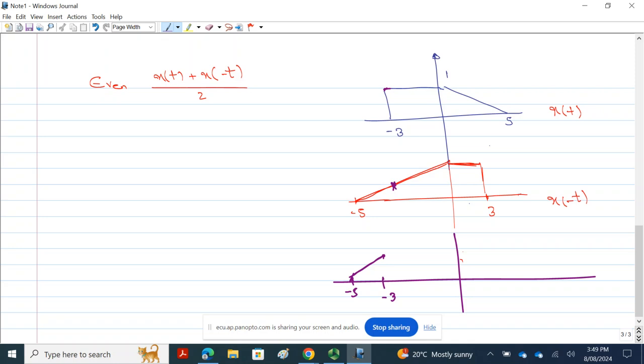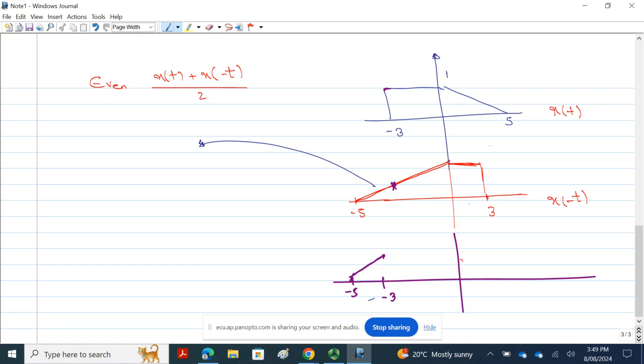Now, how can I find the equation for that line? A slope, how can I find the slope? Tangent, yes. Form your triangle, find the tangent.